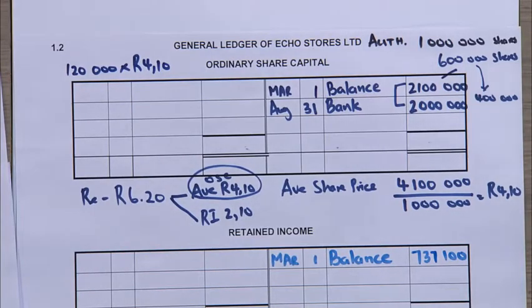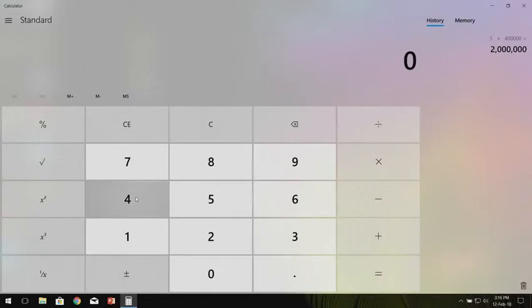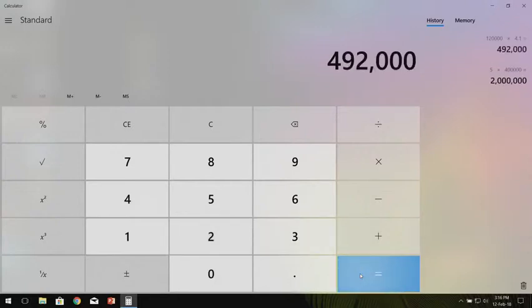Okay, so if we multiply that, just want to clear, so 120,000 multiply by 4.1, and your capital is going to decrease by 492,000.